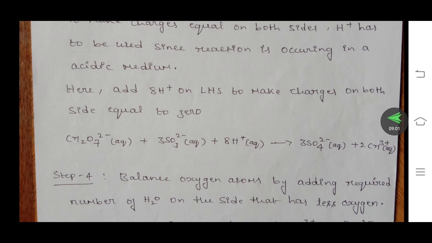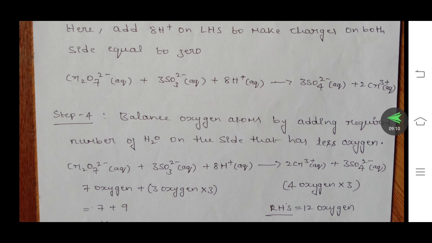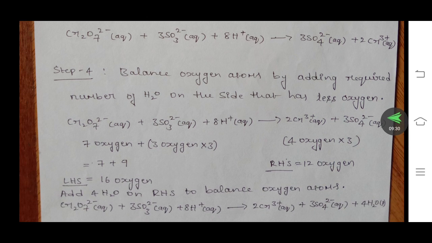Now Cr2O7 2 minus plus 3SO3 2 minus plus 8H plus gives 3SO4 2 minus plus 2Cr3 plus. Now in this case, the number of chromium atoms is balanced and the number of sulfur atoms is balanced from left side to right side, and the number of charges is also balanced. And what is left? Only you have to check oxygen. So only the last step.